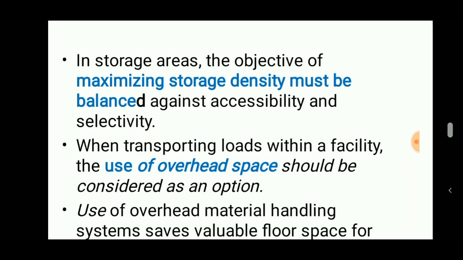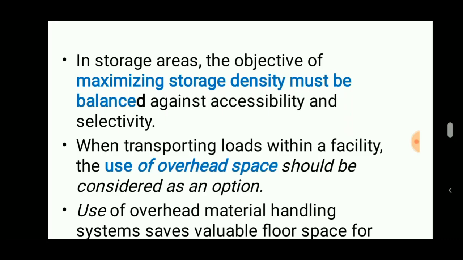If you are running an industry with a small space, and storing, say, 10 containers, but the floor can only withstand 8 containers, the remaining 2 containers will not have a space.